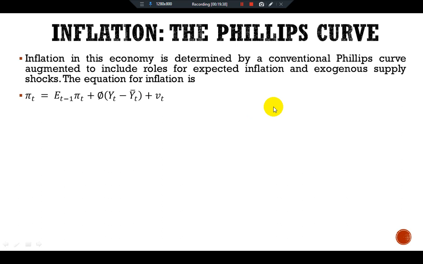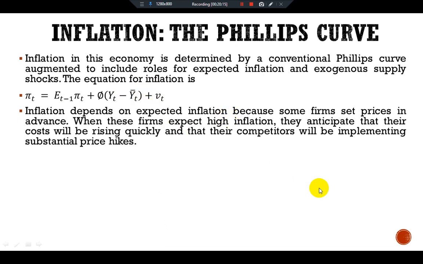This piece of the model is similar to the Phillips curve and the short-run aggregate supply equation which we gave in our previous video. According to this equation, inflation π_t depends on previously expected inflation, the deviation of output from its natural level Y_t − Ȳ_t, and the exogenous supply shock ν_t.